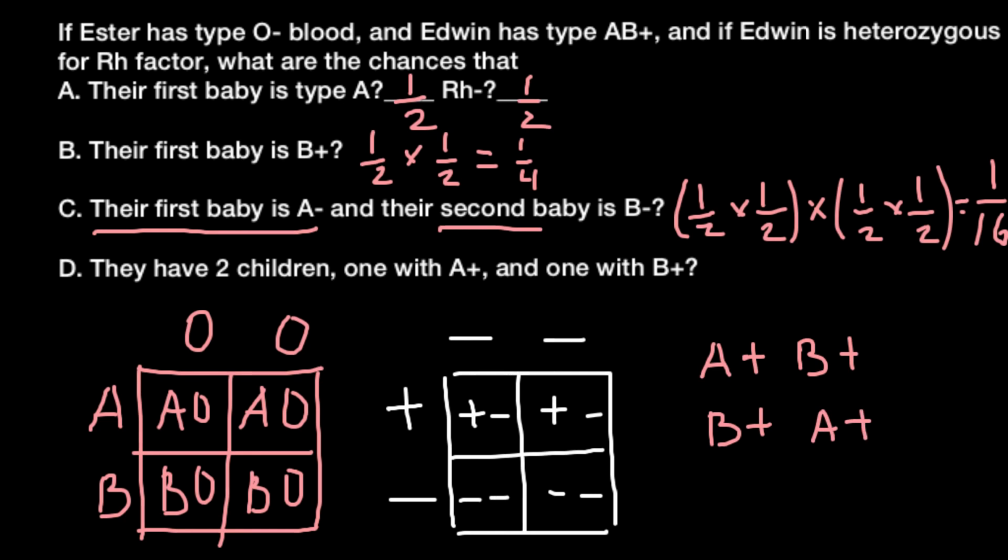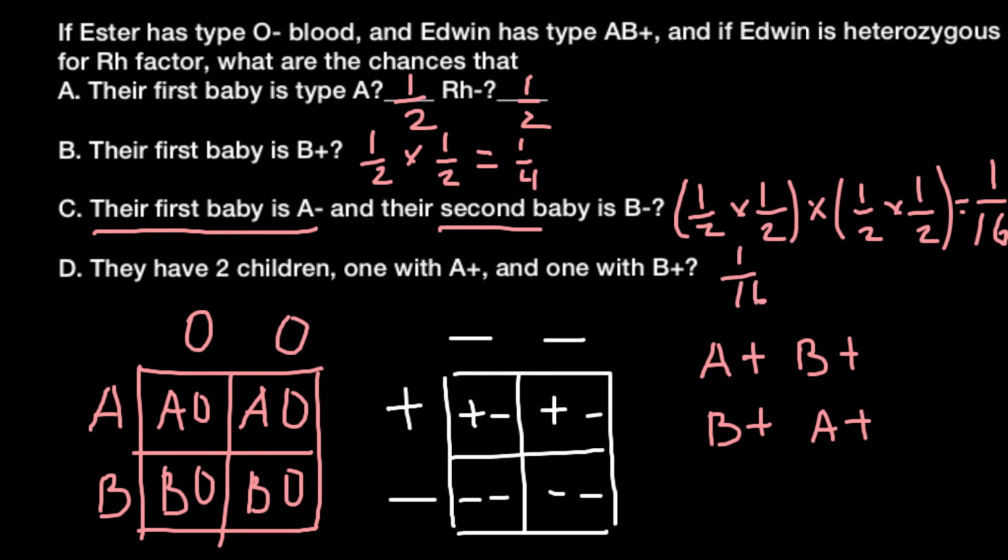So as you see, there are twice as many chances to have an A positive and a B positive child when the order is not specified than when the order is specified. So we have to multiply this answer here by 2.